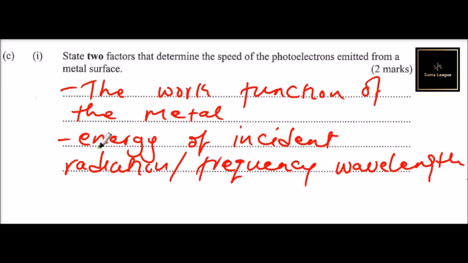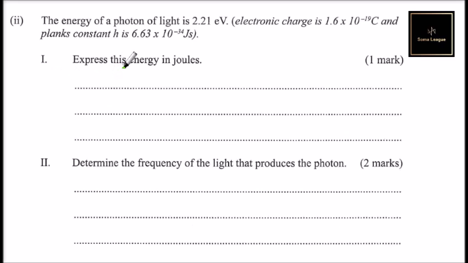So those are the two factors that we can give, which determine the speed of the photoelectrons emitted from the metal surface.